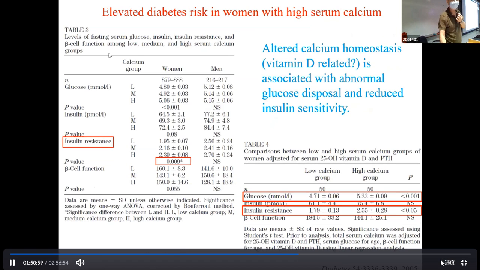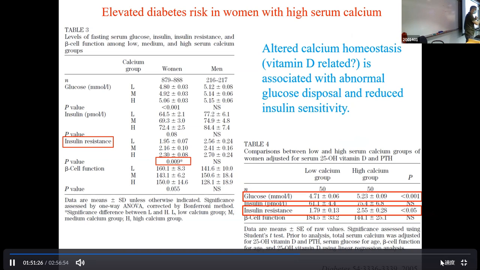Another situation here: elevated diabetes risk in women with high serum calcium. Now, you always think that we don't have enough calcium. So how come you have this? Now, this is getting complicated, okay? We don't know exactly the mechanism, but there are more than one study.